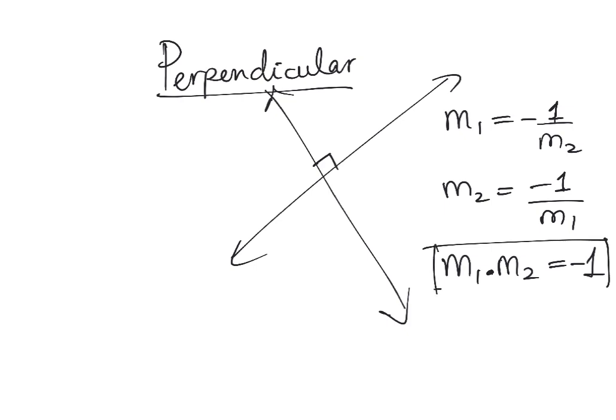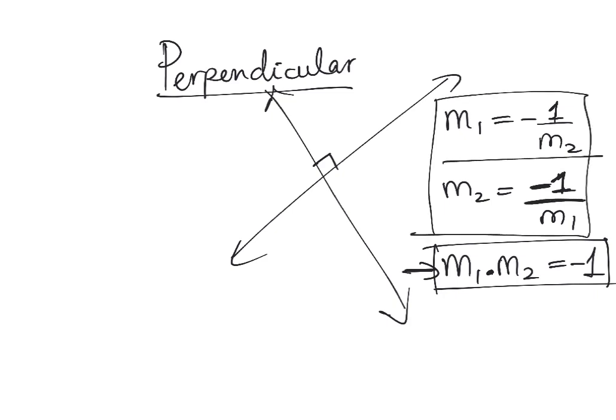So perpendicular lines will form an angle of 90 degrees. That's their relationship there. The negative reciprocal, one is the negative reciprocal of the other one. So that's how perpendicular lines work.